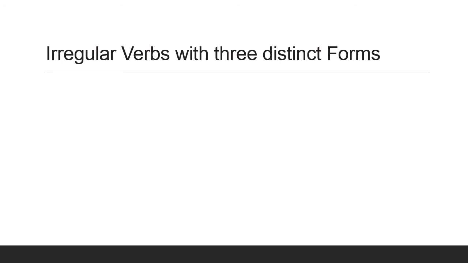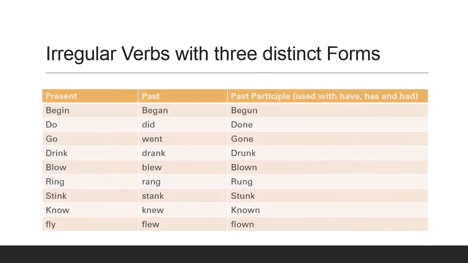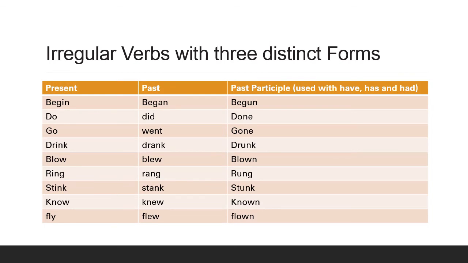But then there could be some irregular verbs with three distinct forms. That means we'll have a different present form, we will have a different past form, and also a different past participle form, like this case. Begin, began, begun. Do, did, and done. Go, went, gone. Drink, drank, drunk.